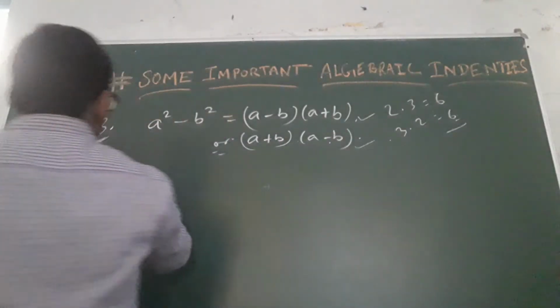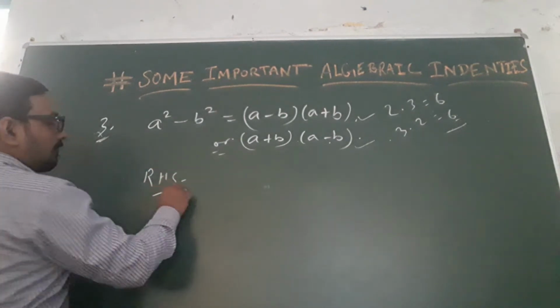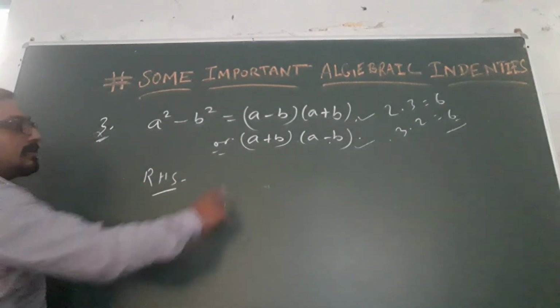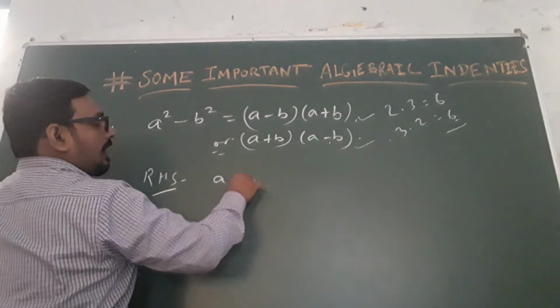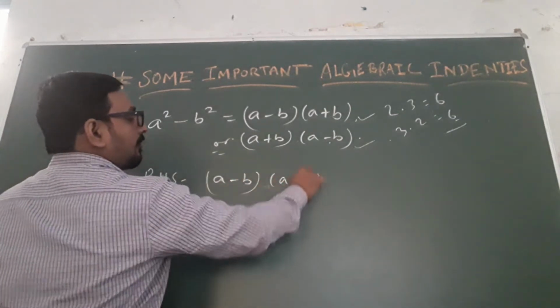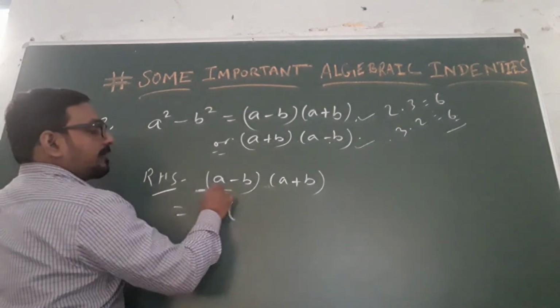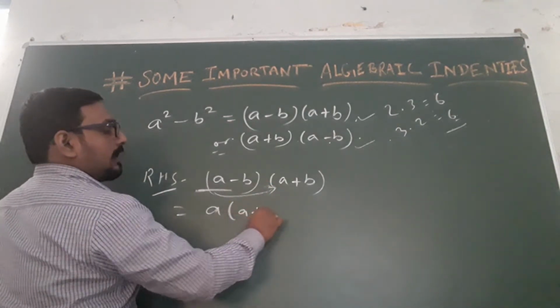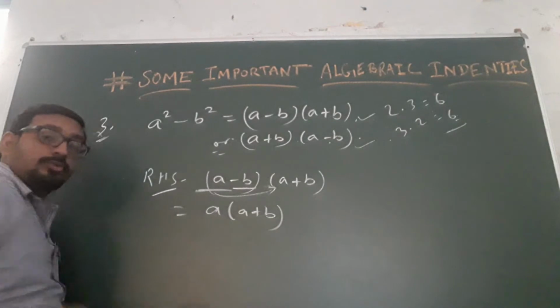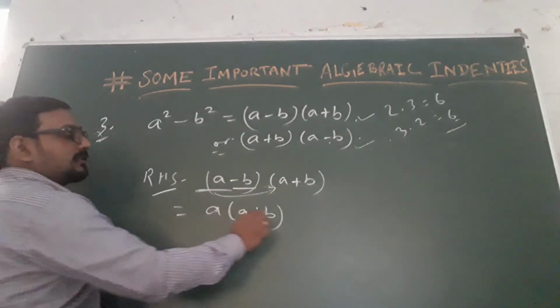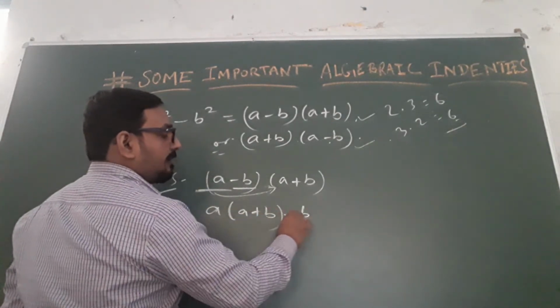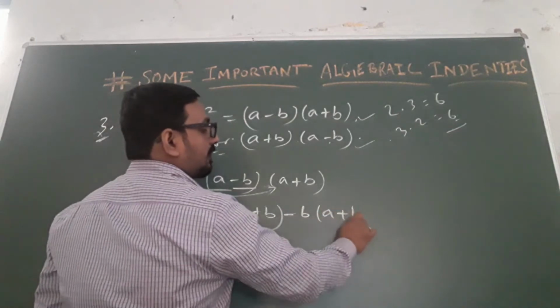So in this case you have to take the RHS part. RHS is a minus b and this one is a plus b. First of all we take this a and multiply with this a plus b. After that we have minus b, so you write minus b, and this minus b multiplies with a plus b.